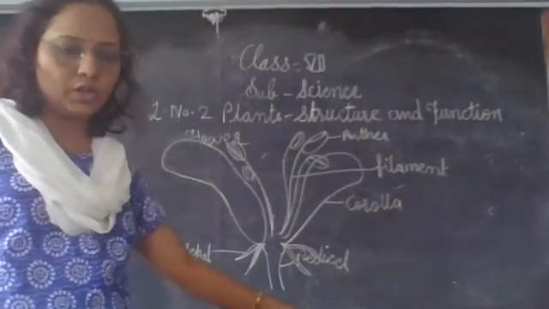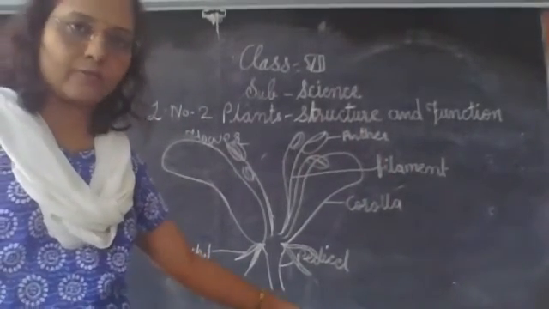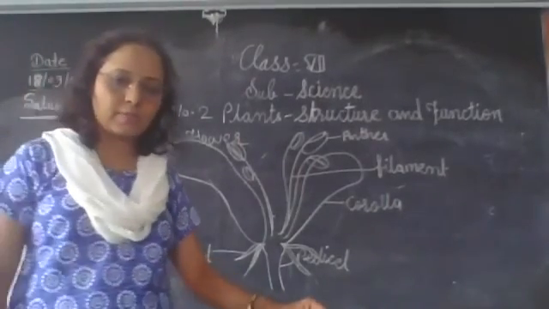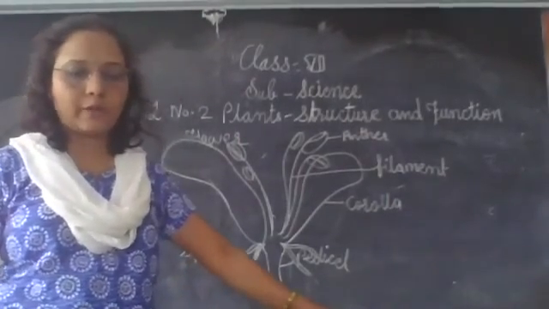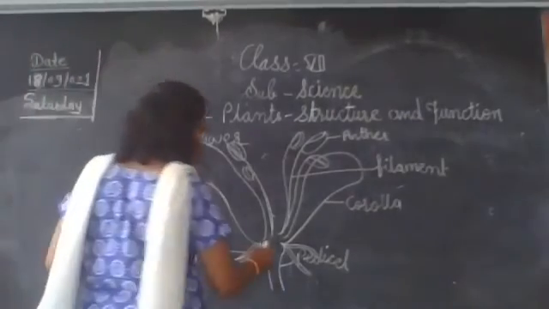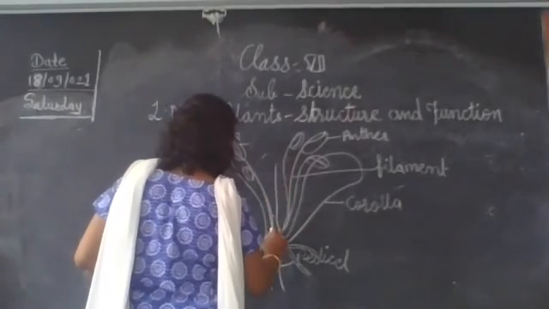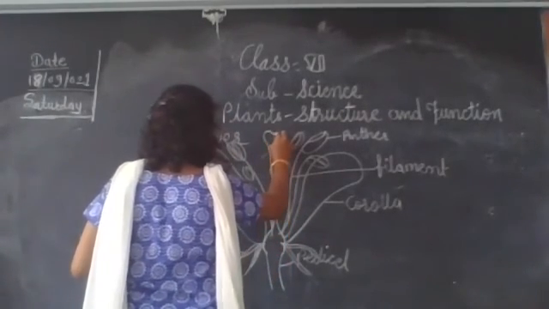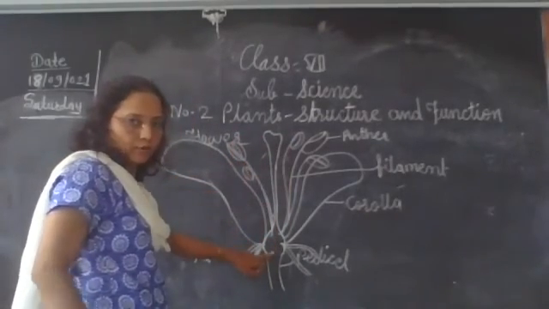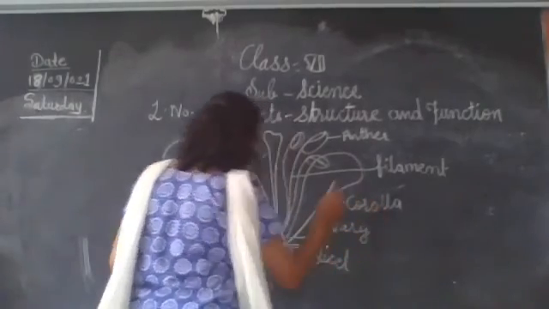Then gynoecium, it is the female reproductive part of the flower. It is made up of carpel. Carpel consists of stigma, style, and ovary, situated in the center. The complete structure is called the carpel. Here is the ovary.